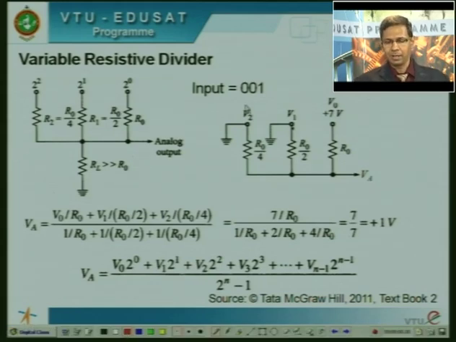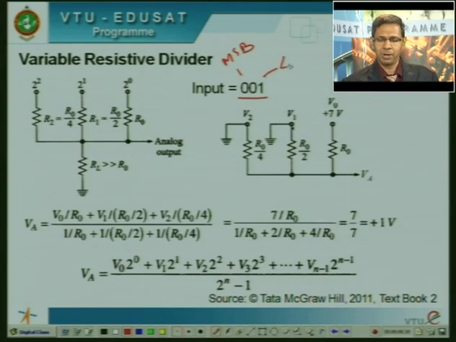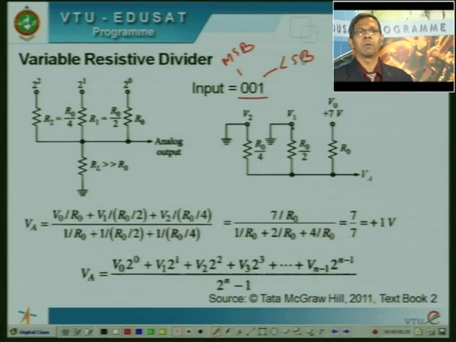Now, let us say the inputs are 0, 0 and 1, which we have to convert into an analog voltage. Bear in mind, this 0 is your MSB and 1 is your LSB. So, essentially we are trying to find out what is the value of 1 LSB.